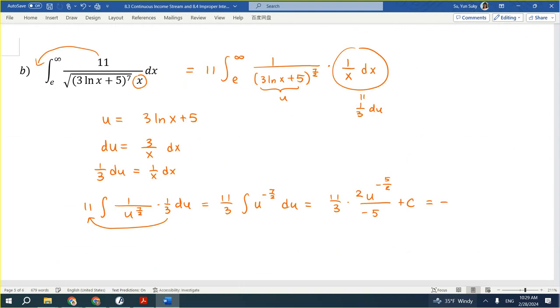Let's simplify it. I got what? Numerator. What's 2 times 11? 22. And then 5 times 3? 15. And this is u. What is u in terms of x?